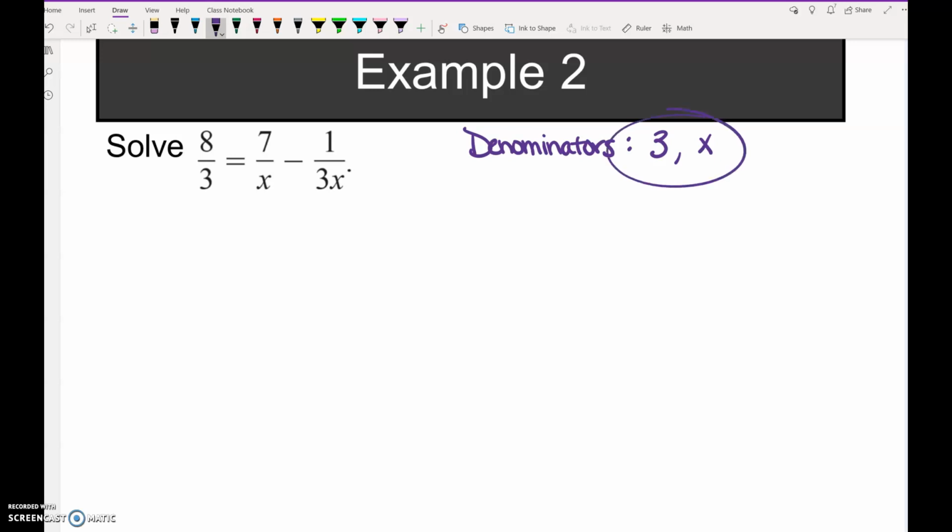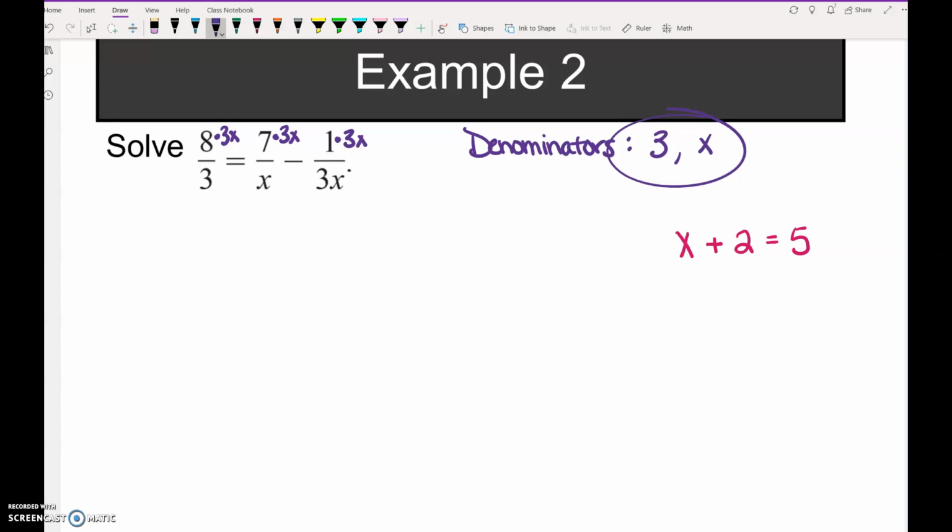So I'm going to multiply this first term times 3x, the next term times 3x, and the next term times 3x. You don't have to multiply the top and the bottom, you just have to multiply the top because you're multiplying every single thing in the equation by the same thing. If you want to know why we can do this, think about the equation x plus 2 equals 5.